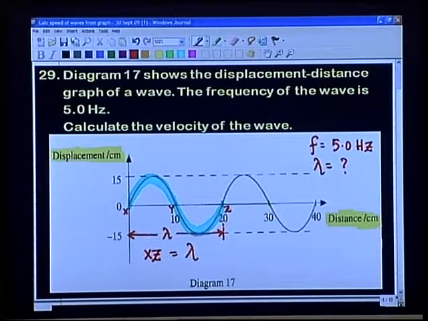That is the wavelength. I label it lambda. So what is the distance between X and Z as in the diagram? It is 20 centimeters.